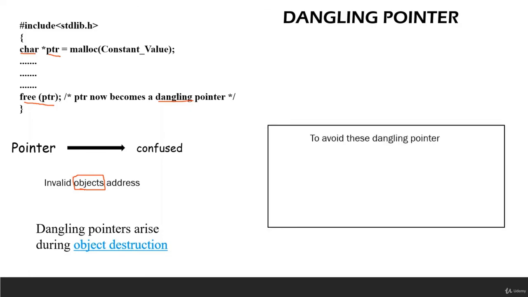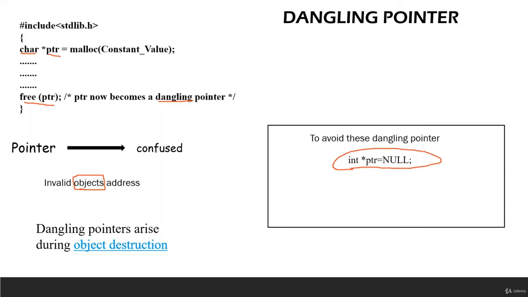To avoid this dangling pointer, null pointers are used. Right now, we see null pointers. This is how null pointers are created: int *pointer = NULL means I told the pointer, if you don't have any memory or any memory address to point to, then you should point to nothing.